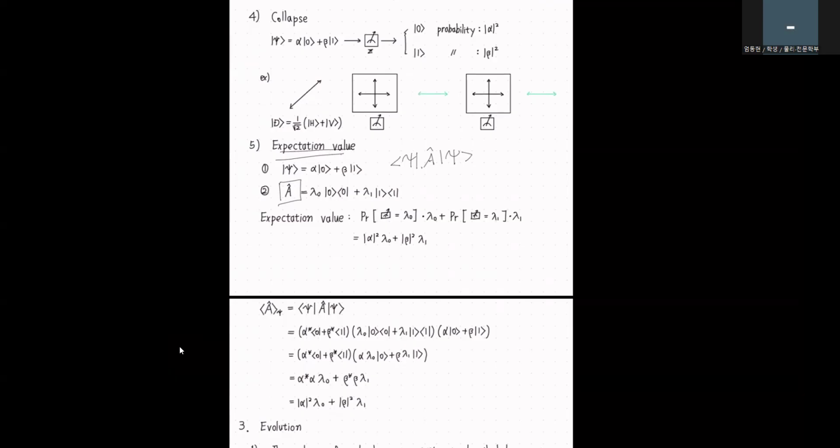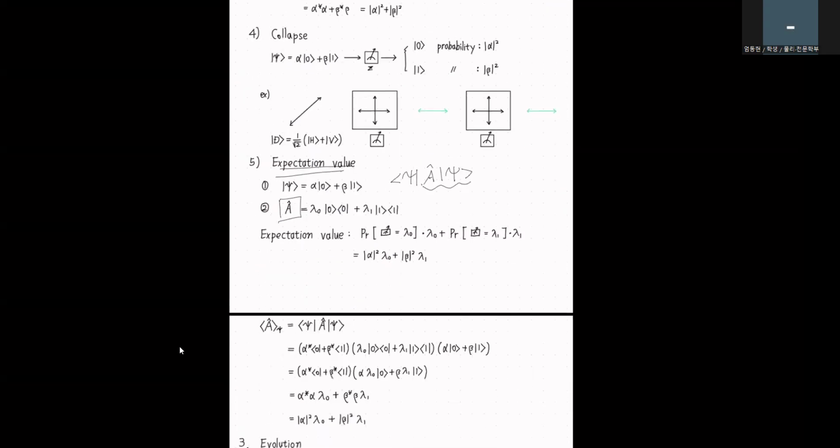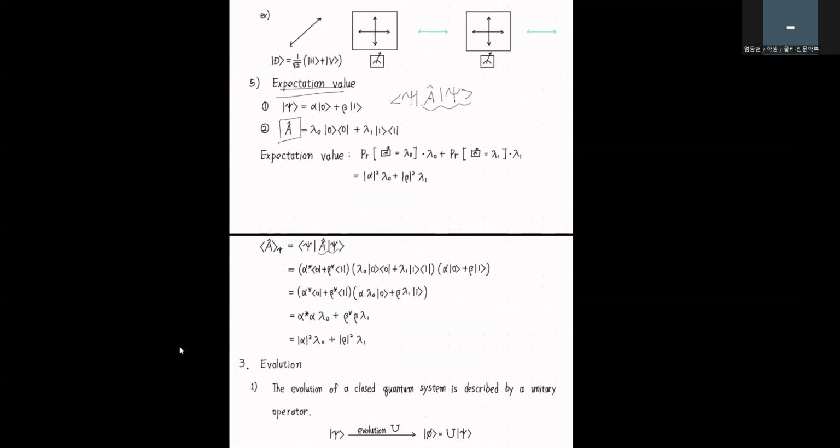Now what we're doing is, this half gives us basically this quantity, which is the outcome multiplied by the amplitude right here.